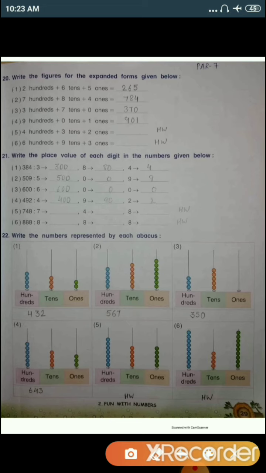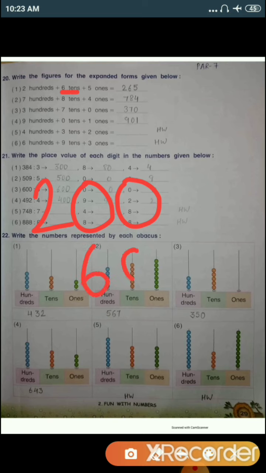So first we'll see 2 hundreds. Now how do we indicate 200? So we'll write here first 200, okay, then 6 tens, 60, and 5 on ones place.